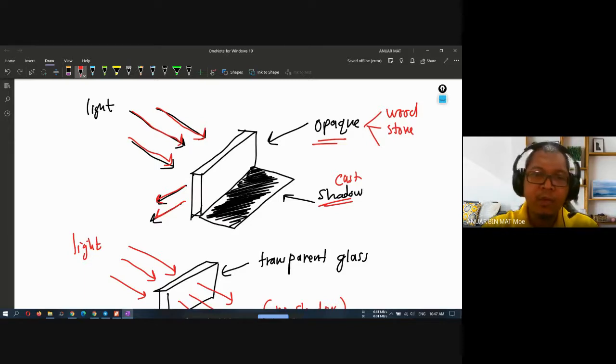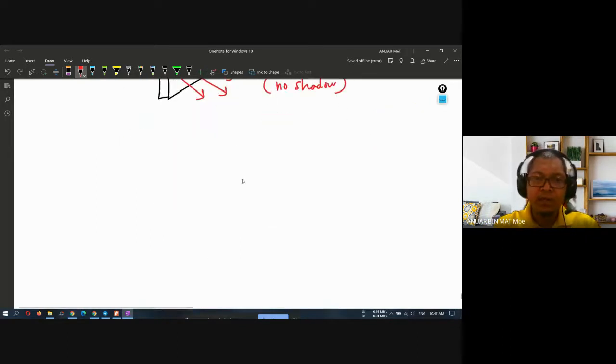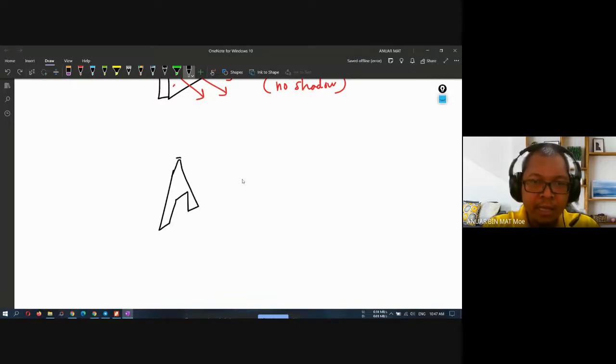If the shape of the object is rectangle, then the shadow is rectangle. If the shape of the object is, for example, the shape of a human being, or the shape of an A, this is the opaque object, so the shadow it casts also follows the shape of the opaque object.